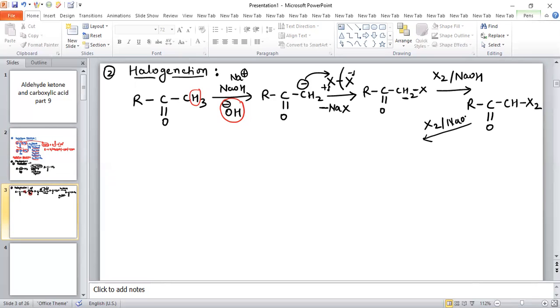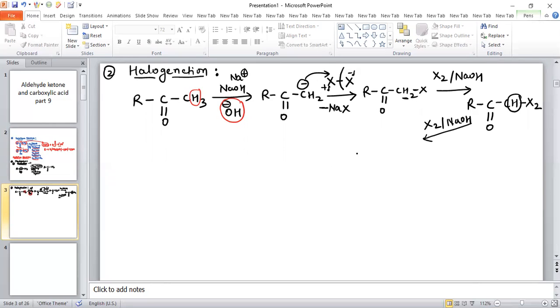Now again, in the next step, when we add X2 and NaOH, then again this hydrogen will be substituted by halogen. So basically now I am adding X2 and NaOH in a single step. First OH minus removes a proton, then halogen attacks on this. Again OH minus removes a proton and this attacks on halogen again.